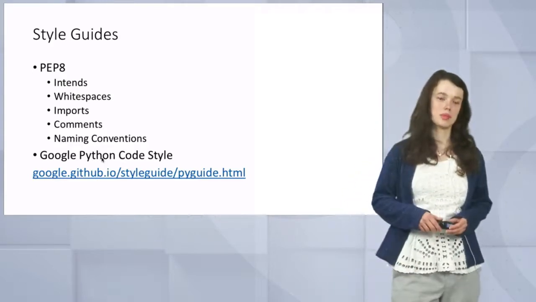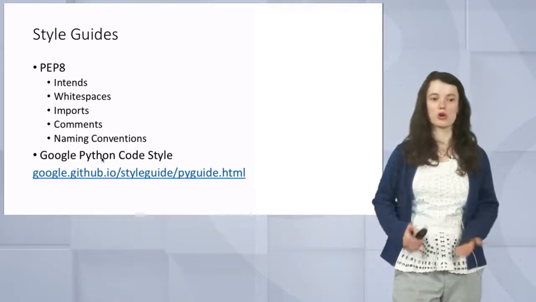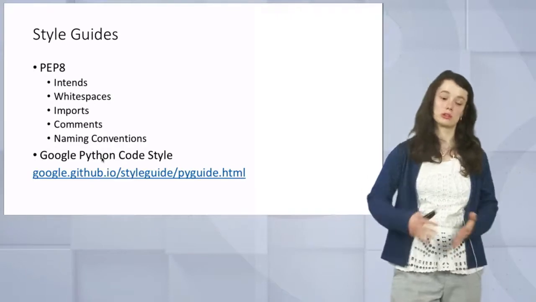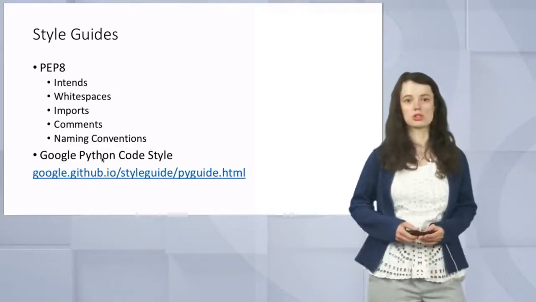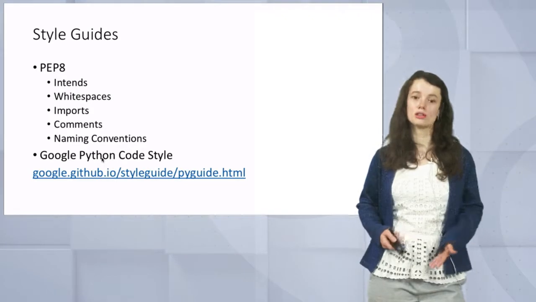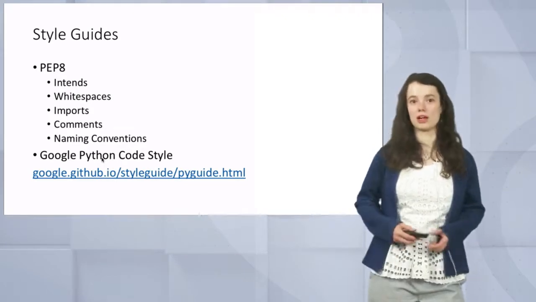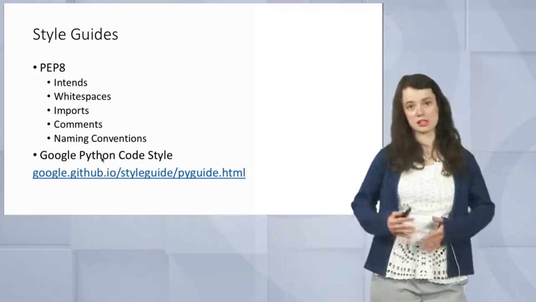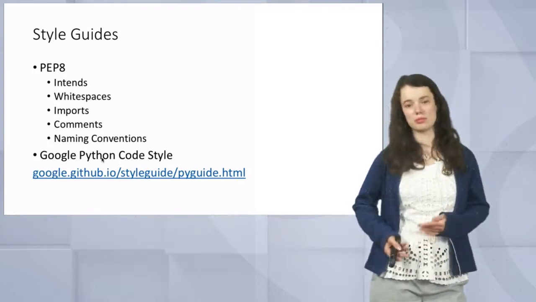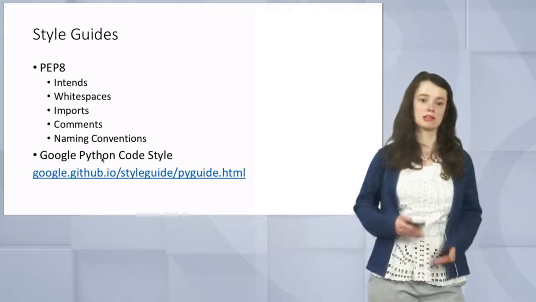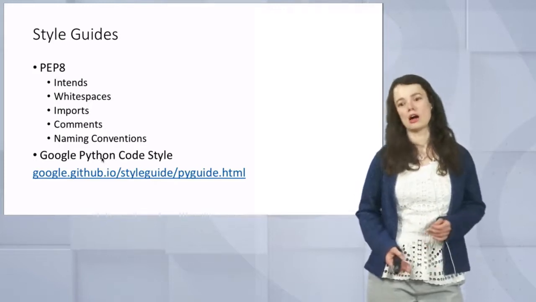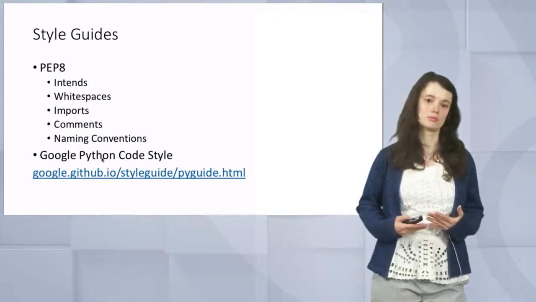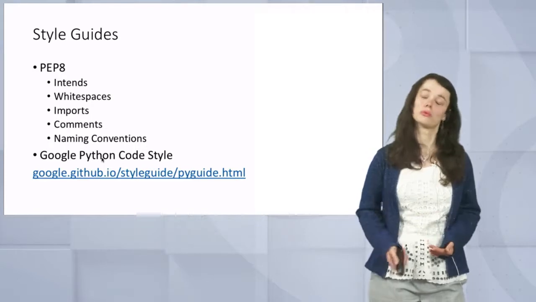There are many style guides. A style guide is a document in which it is written how you organize your code in general. For example, you may use the Google Python code style. It's very nice and bigger than PEP 8. There are some rules in it which can be debatable, for example the length of the string, but you may not go for it if you don't want to.